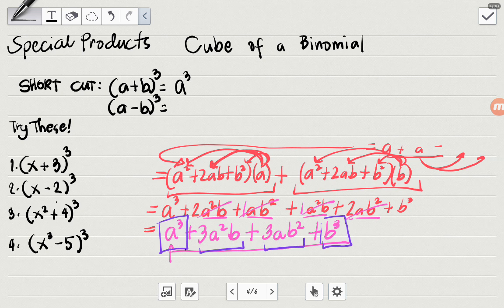I-cube. Tapos, yung pangalawang term, times 3, a square times b. Tapos yung pangatlong term, 3 times a times b square, plus yung last term, cube ni b.